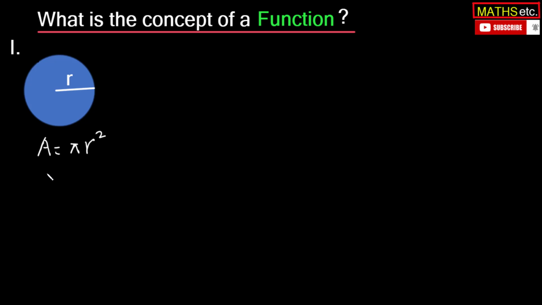We can write it as A equals a function of r, A is a function of r. We read it as function of r. So this equation A equals pi r square is explicitly giving a rule using which we can find the area of a circle.